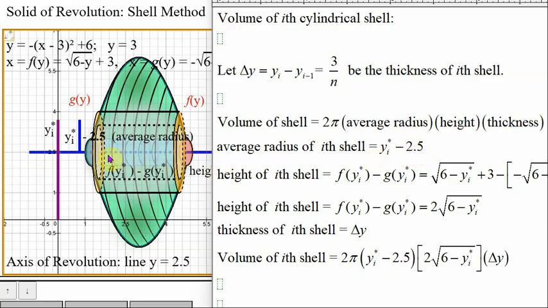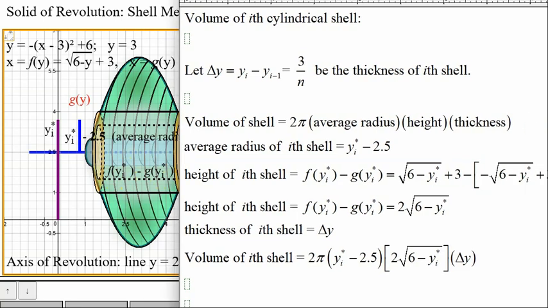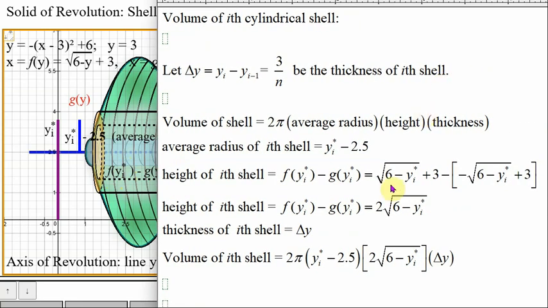The height is f of y sub i star minus g of y sub i star. f of y sub i star is the square root of 6 minus y sub i star plus 3, and g of y sub i star is negative square root of 6 minus y sub i star plus 3. So we end up with 2 times the square root of 6 minus y sub i star.